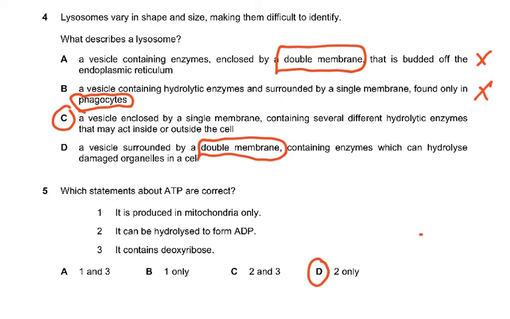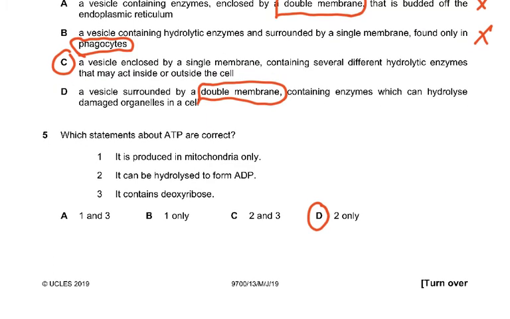Then question 5, which statements about ATP are correct? It is produced in mitochondria only. That's wrong. It can be hydrolyzed to form ADP. Yes, of course. ATP is broken down to ADP plus inorganic phosphate, and this is of course hydrolysis.